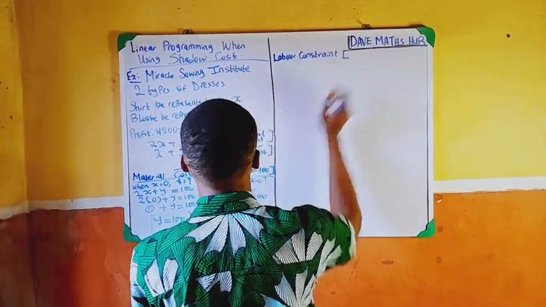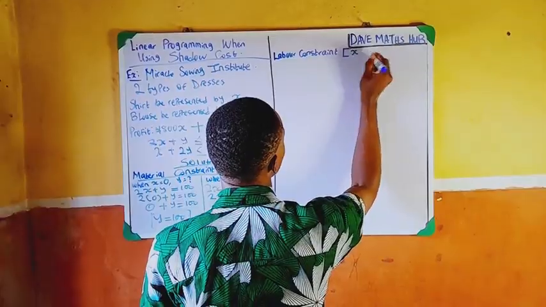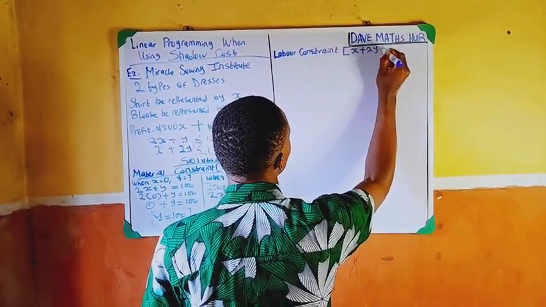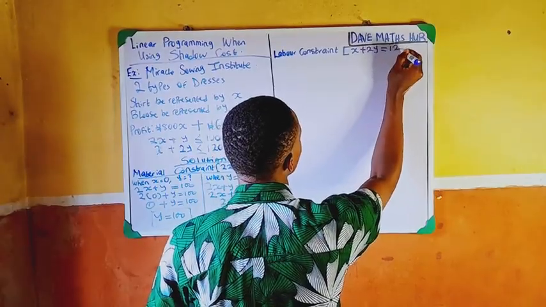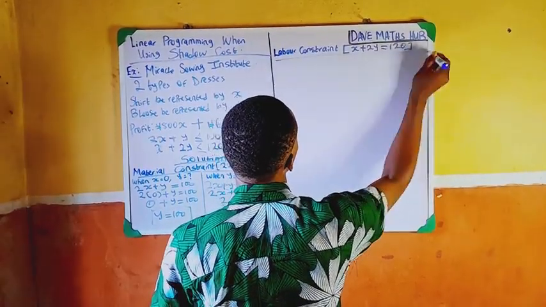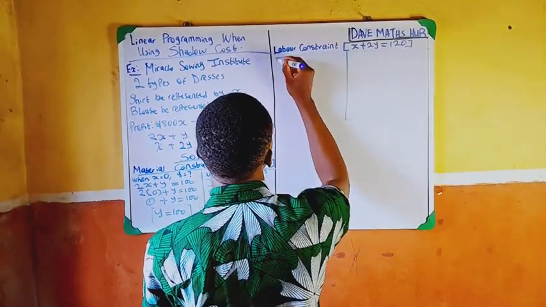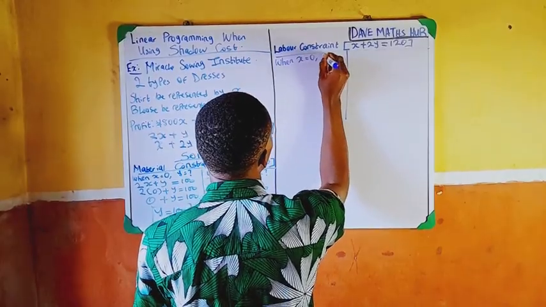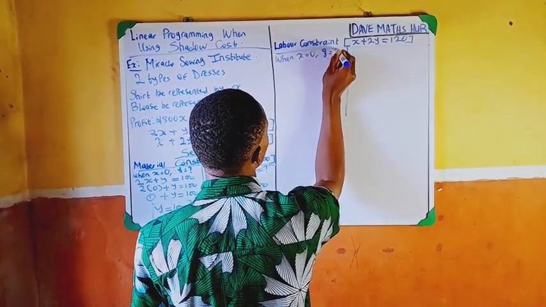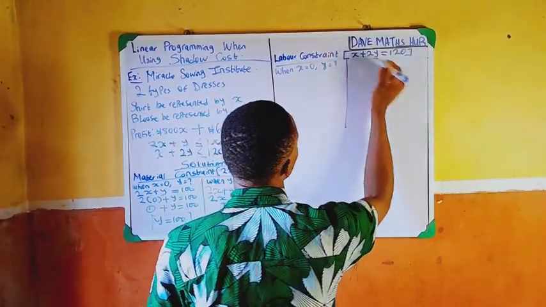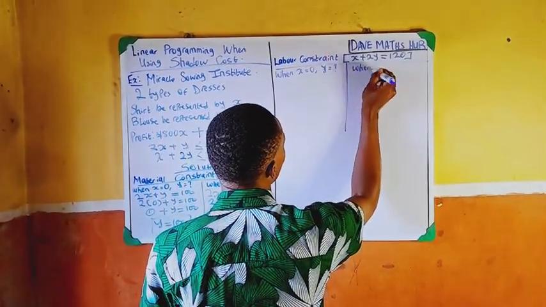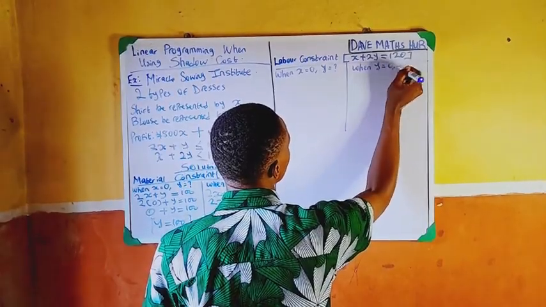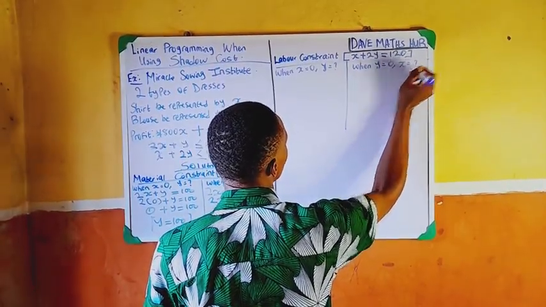When we are given x plus 2y equals 120. When x is equal to 0, y is equal to question mark, and when y is equal to 0, x is equal to question mark.